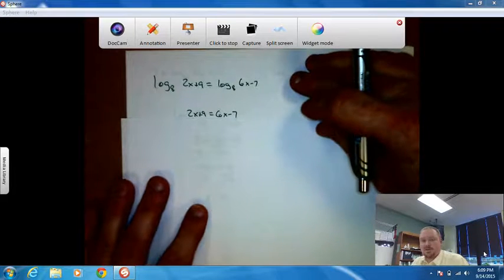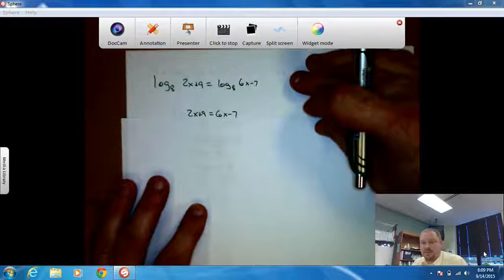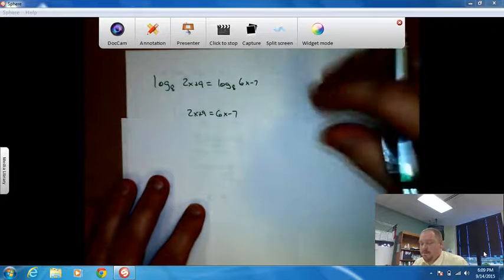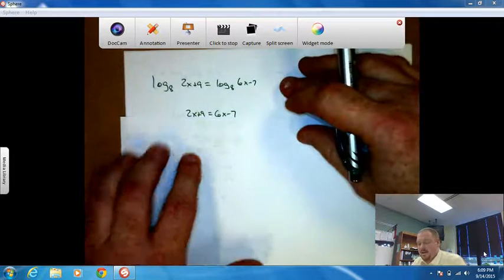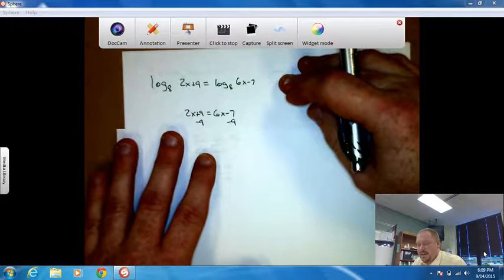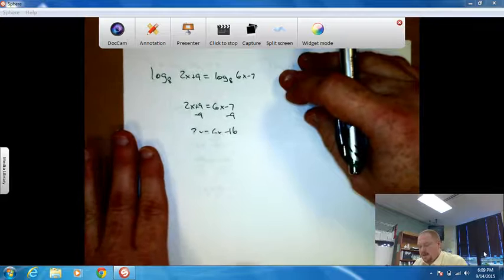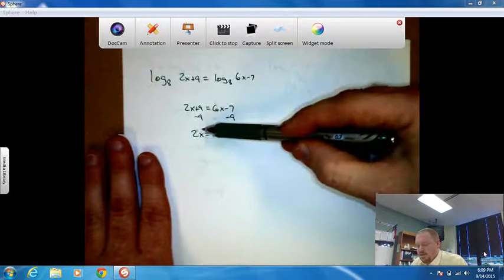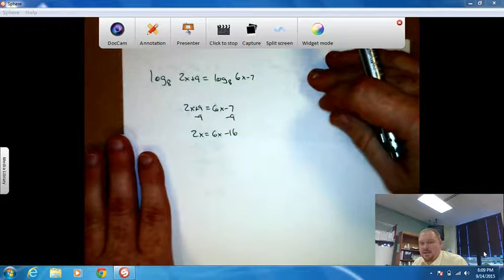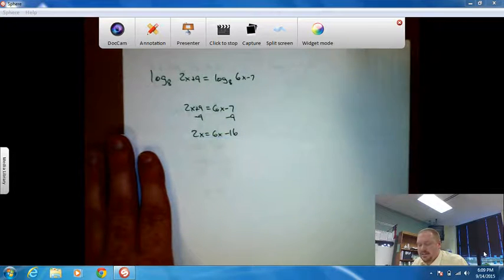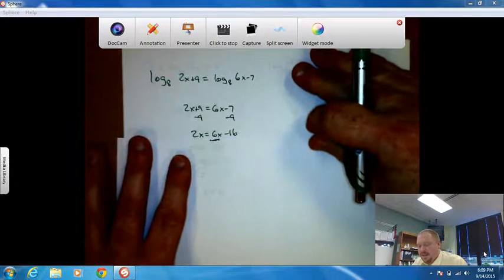And now I just solve that with any number of steps. I'm choosing to get the variables on the left-hand side, so I'm going to move this 9 to the other side. So I'm going to subtract 9 from both sides. So I get 2x equals 6x minus 16. So now I'm going to move the 6x to the other side, so I'm going to subtract 6x.